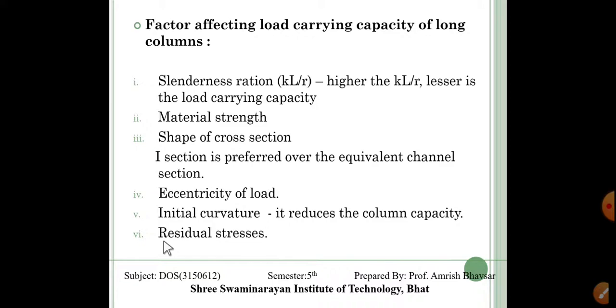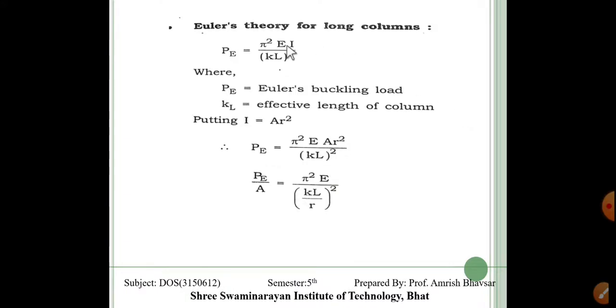Whenever we are going to design, we are ignoring the long column. The slenderness ratio must be between short column and the longer column. We know that in our previous subject, structural analysis 1, we have understood about the column and struts.